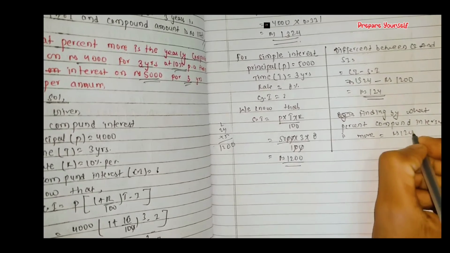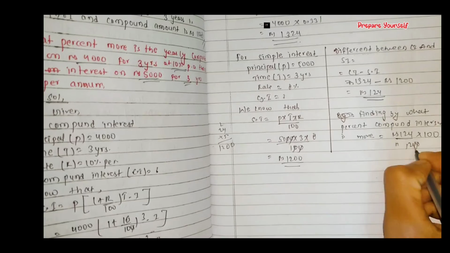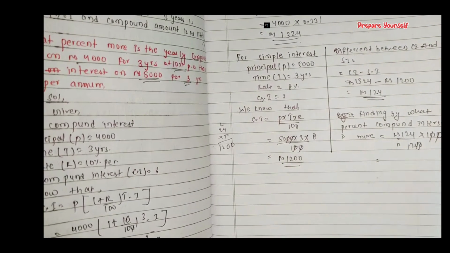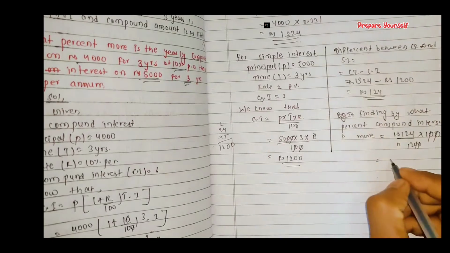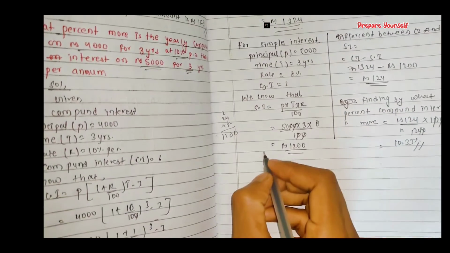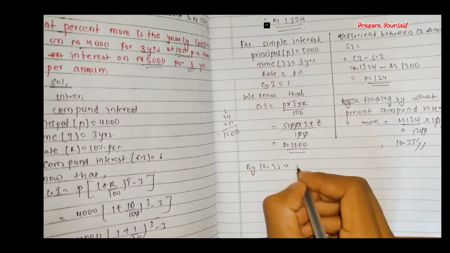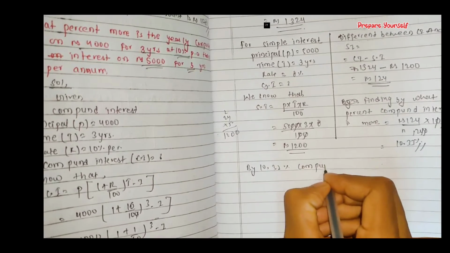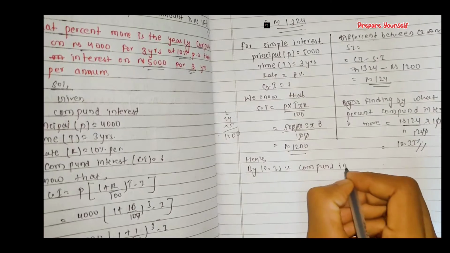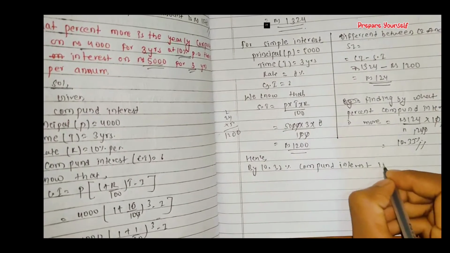So rs 124 by 1200 into 100%, yes. So this 12 will be cancelled, and 124 divided by 12, this will be the percent. So by 10.33% the compound interest is more. Hence the compound interest is more by 10.33%. Okay.